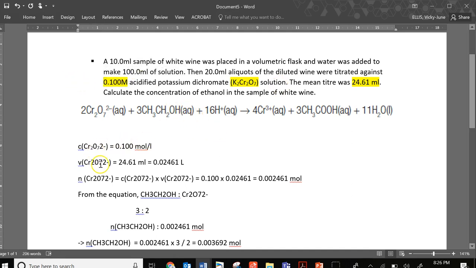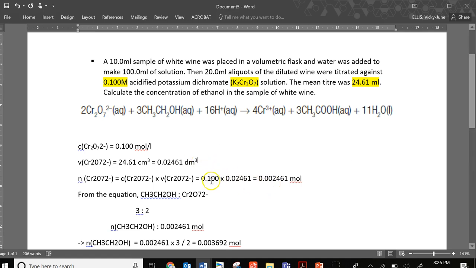So that's our volume and our concentration, which means that we can work out the number of mole of dichromate that was delivered from our burette. We remember that n is equal to c times v. So our number of mole is going to be equal to our concentration of dichromate, the 0.1, multiplied by our volume of dichromate, remembering that this is in centimeters cubed and we want to convert this into decimeters cubed.